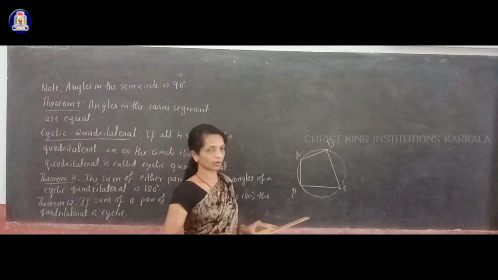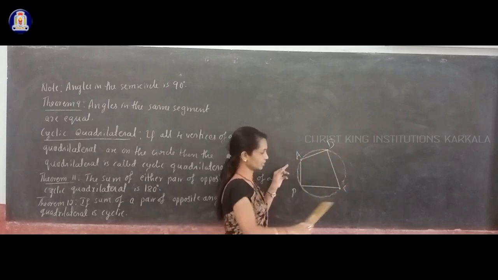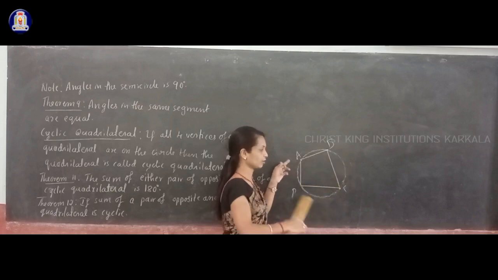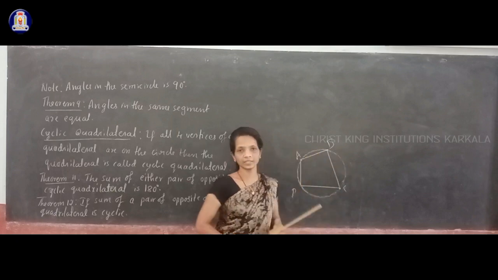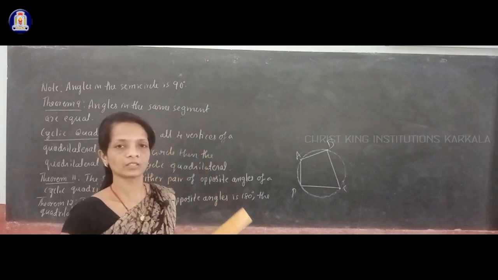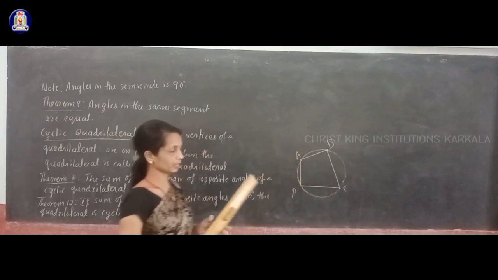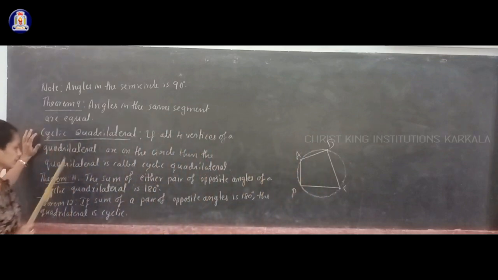Then you can see one quadrilateral whose vertices are A, B, C, D. All these 4 vertices lie on the circle. Such a quadrilateral is called a cyclic quadrilateral. So the vertices of a cyclic quadrilateral are always on the circle.